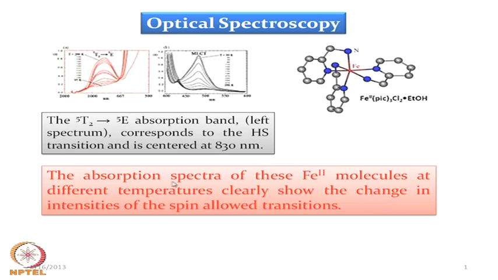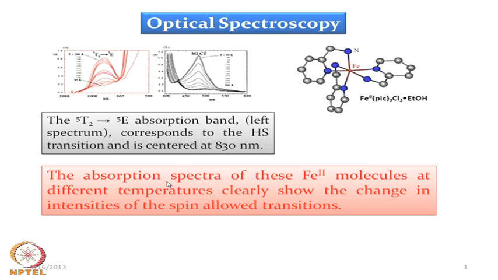So, for this compound as well as some other compounds, the absorption spectra, what we call the electronic spectra, of these iron(II) molecules at different temperatures clearly show the change in intensities of the spin allowed transitions. If we have spin allowed transitions, the intensities also change with the change in temperature.